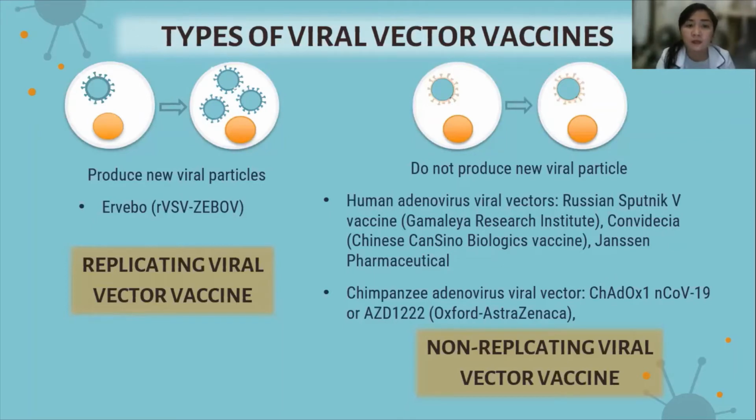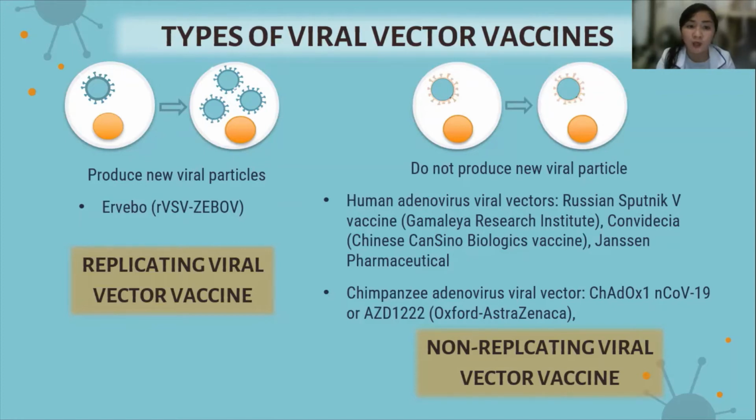An example of this type is a vaccine to prevent Ebola called Ervebo, which uses a recombinant vesicular stomatitis virus. This vaccine was approved across Europe for use in 2019 and has been used in multiple Ebola outbreaks. So far, this is the only viral vector vaccine that has gotten FDA approval.